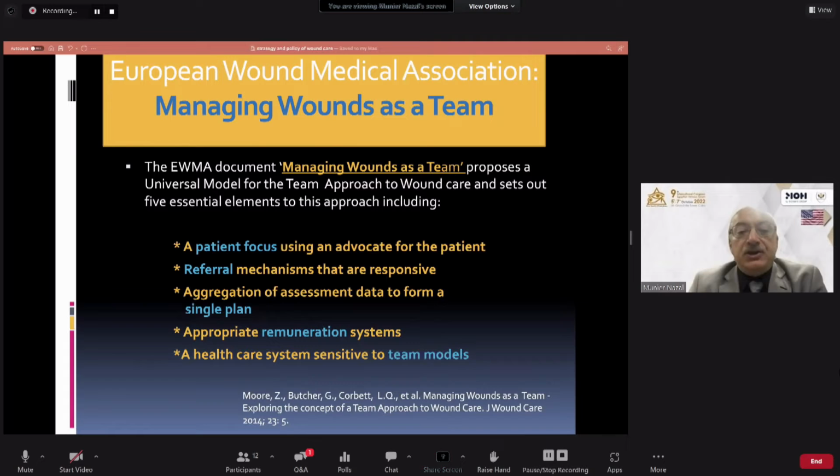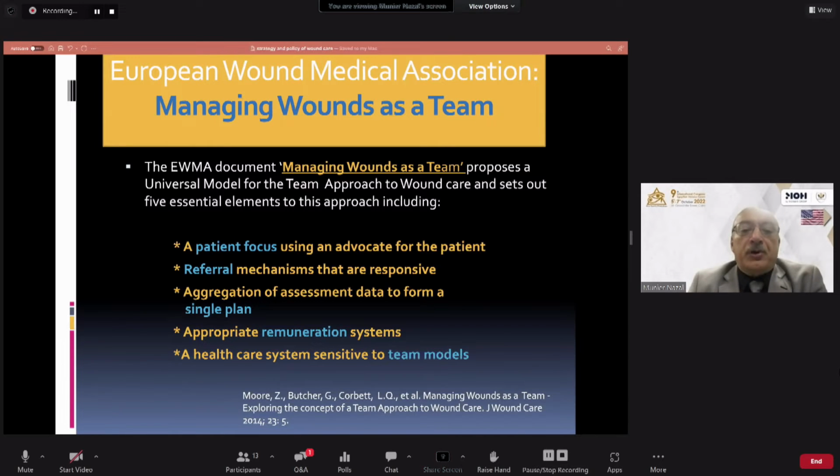It should be patient focused. A referral mechanism is established for needed services, and it should be as early as possible in some cases, like infectious disease. Aggregation of assessment data forms a single plan for each type, and you need to follow that plan. That's what we call guidelines.